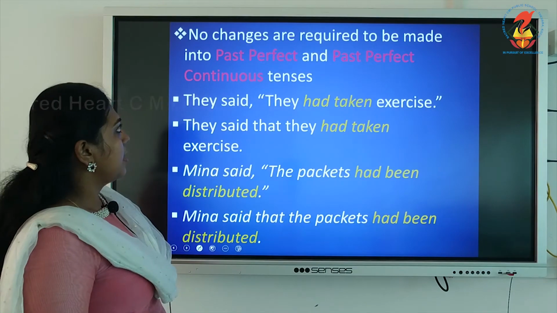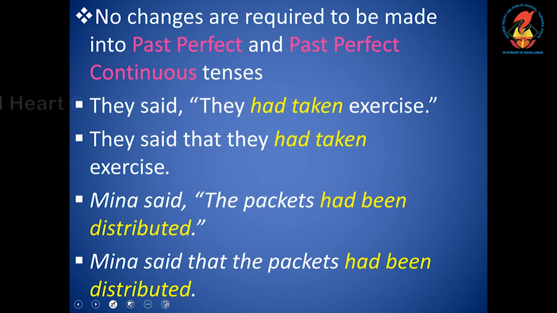Okay. Next one, there is no change in past perfect and past perfect continuous tense. We write the same thing. So let's look at the example sentences. They said they had taken exercise. What is the verb here, children? Yes, had taken is the verb here, right?